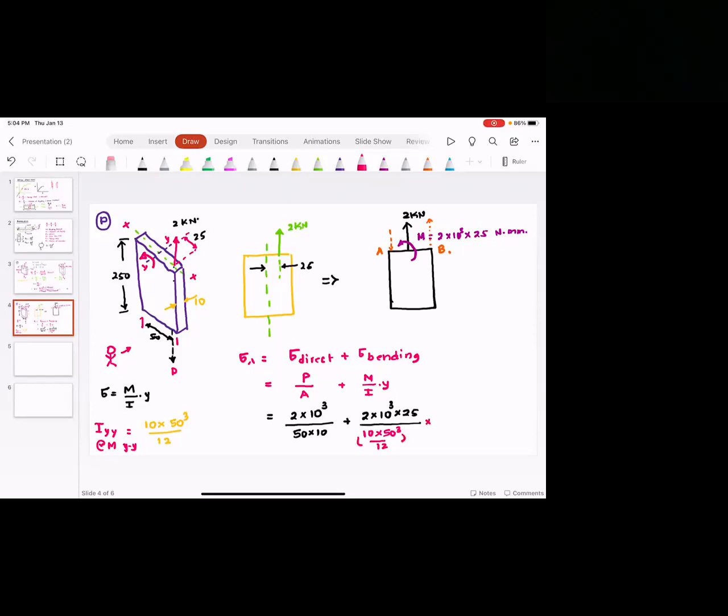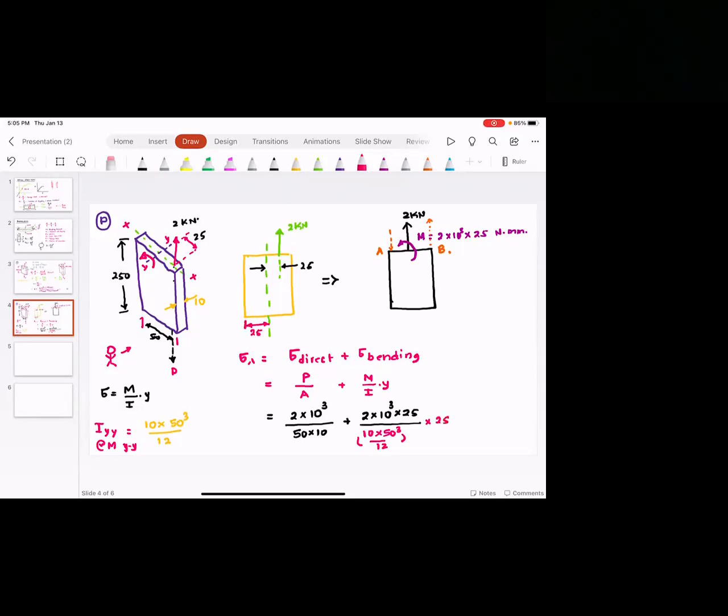And y is the distance from the neutral axis. The stresses will be maximum when you are the farthest from the neutral axis, and if you go farthest from the neutral axis, this distance is 25. So this is 25.